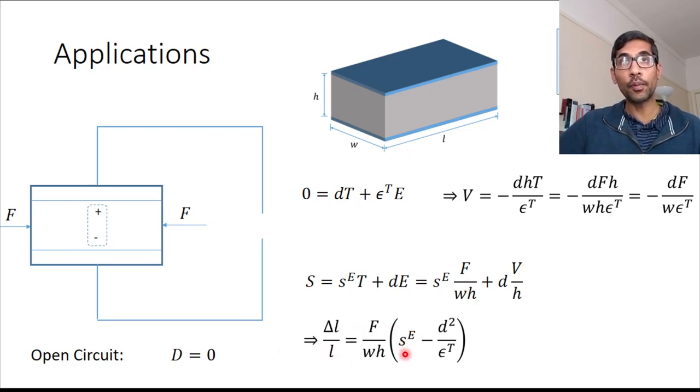It's not going to be proportional to the force or to the stress, but it's going to be reduced by the permittivity of the medium, by this quantity. So your compliance of the material is reducing by this quantity.